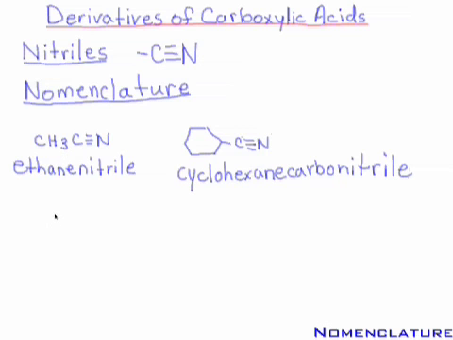If I just dropped "ic acid", I'd have acetnitrile. But the actual common name is acetonitrile. So if the O's already there, you leave it. But if there is no O, you drop "ic acid" and you add "o-nitrile". Acetonitrile is the common name.